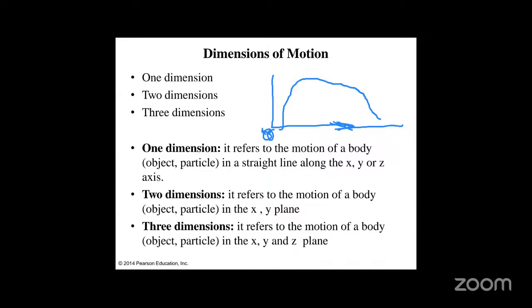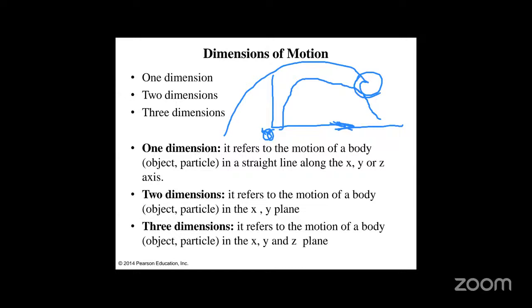An example is a basketball. When a basketball player throws the ball into the basket, the path it follows this way is referred to as two-dimensional motion.